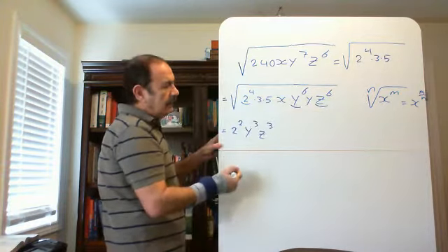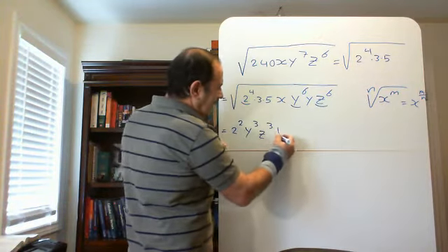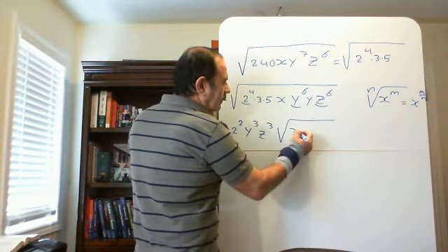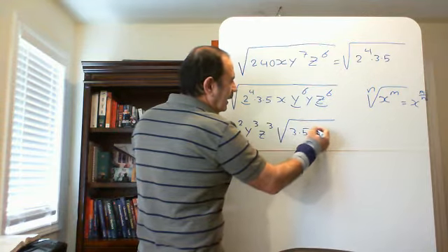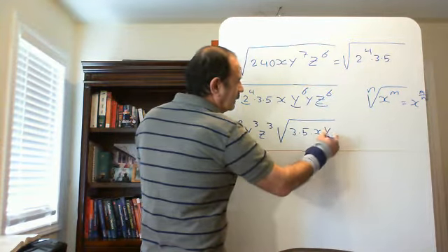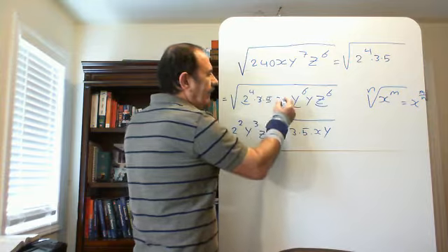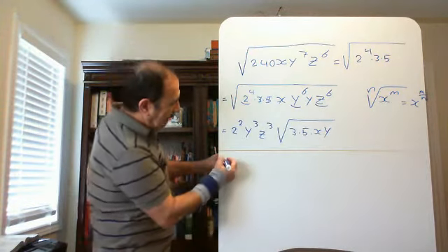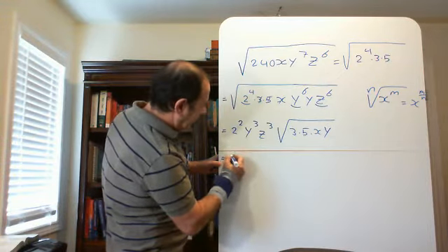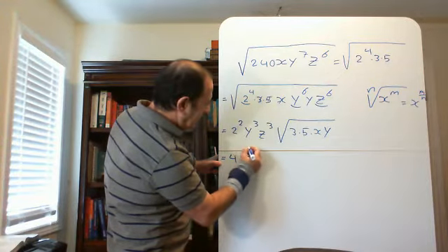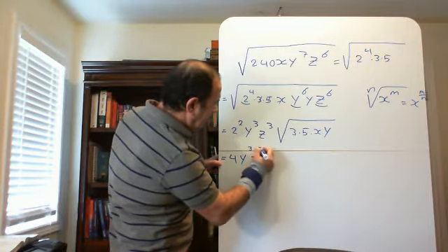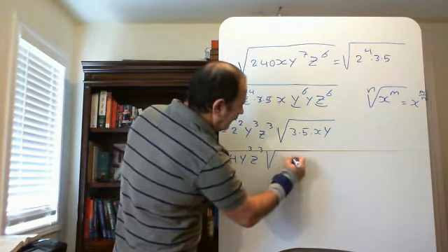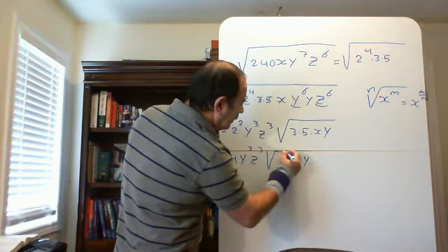All the other things are going to remain under the radical. So it's going to be multiplied by the radical of 3 times 5 times x and y. This part was the remaining part under the radical. And if I simplify, this is going to be 4 y cubed z cubed square root of 3 times 5, which is 15 x y.